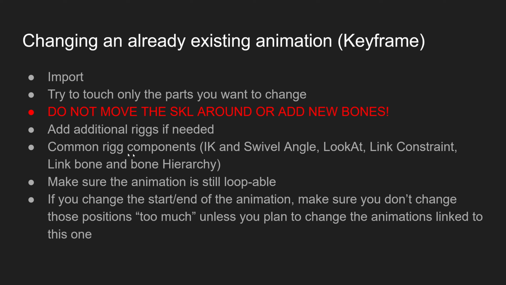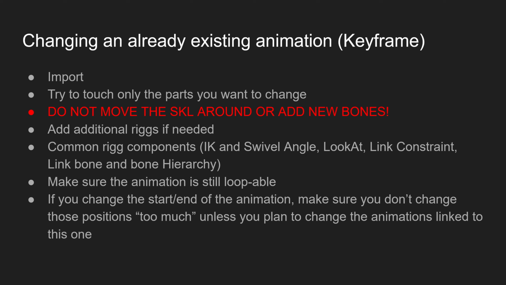Okay, so common components: I showed you IK with the swivel angle, look at, link constraint, and then link and bone hierarchy, which is the difference that I showed you between link constraint and linking normally. When you're changing something, make sure it's still loopable. As I've shown you, I always copy the first frame to the last frame, so I keep that loop.